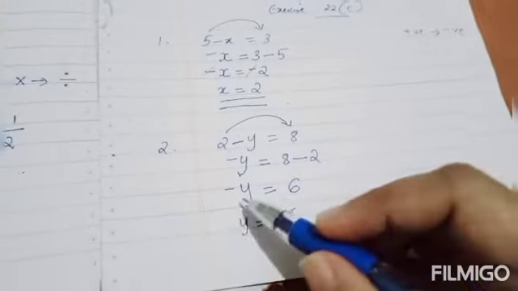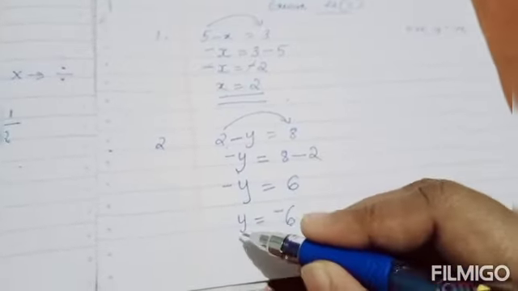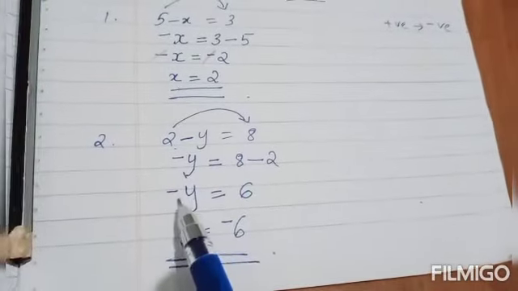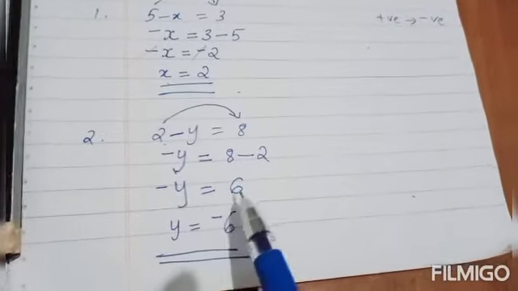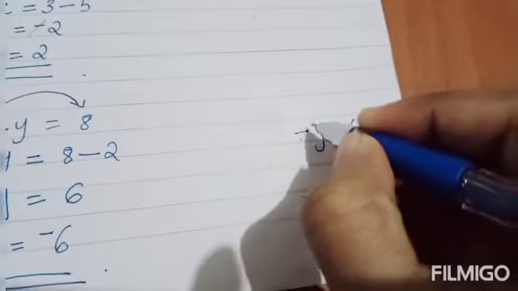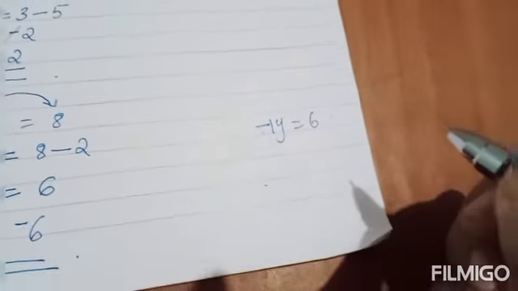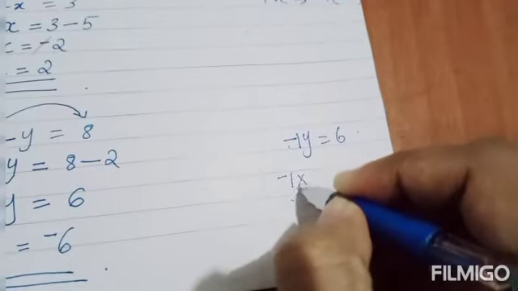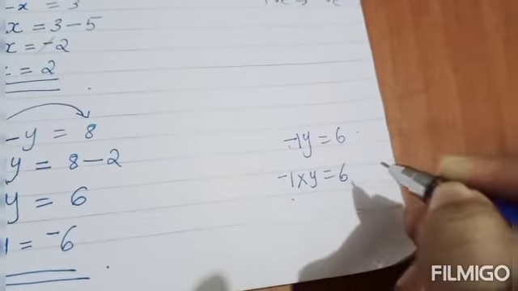Here in this step you got minus y equal to 6. Actually this means minus 1y equal to 6. Okay, minus 1y means minus 1 into y equal to 6.